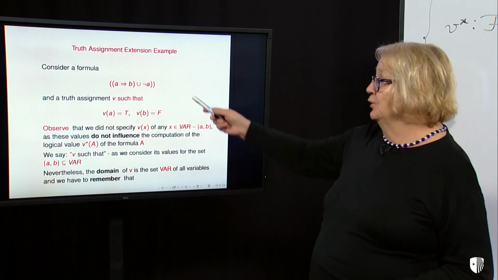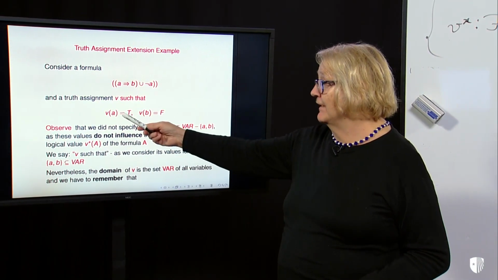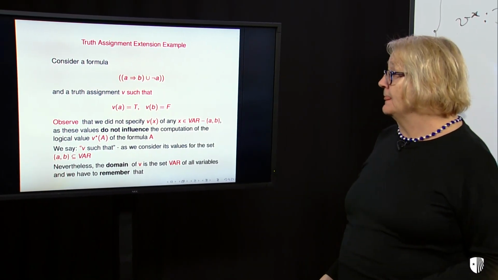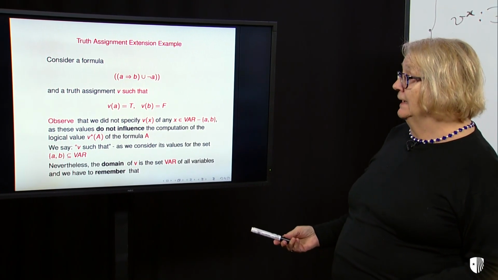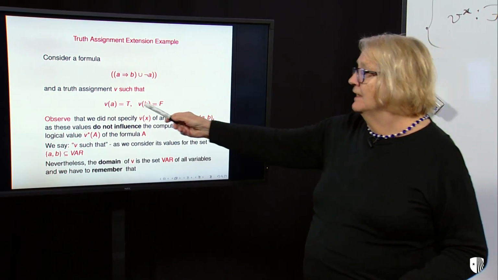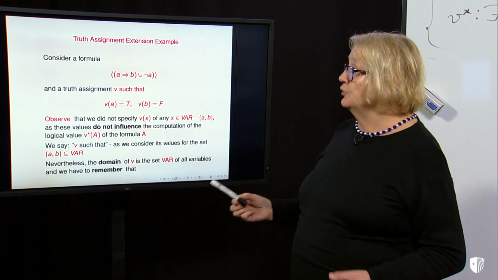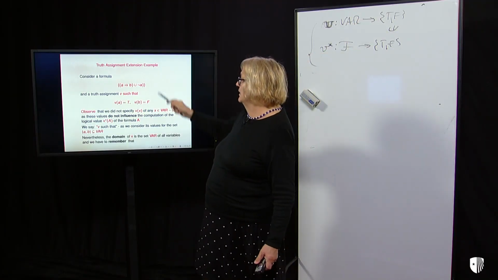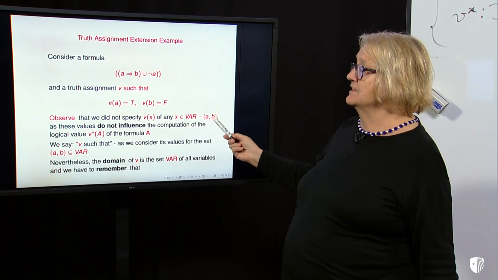For example, when you look at this formula, and I have a variable assignment which puts A into T, B into F, we don't specify the truth assignment fully, although a truth assignment is always defined on all variables. But when you look at this formula, it doesn't matter what happens elsewhere.